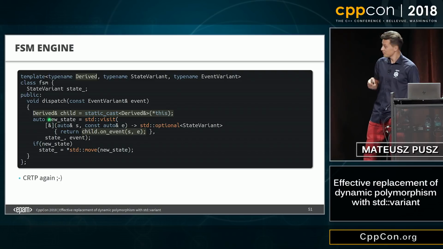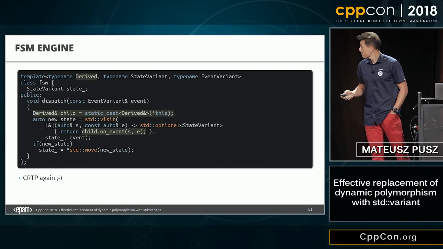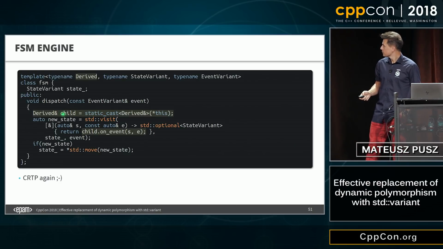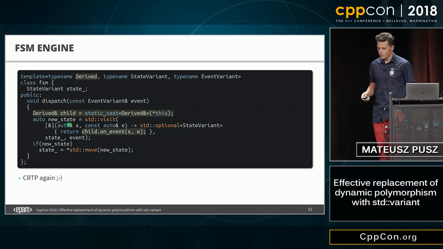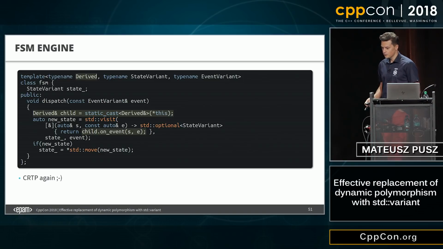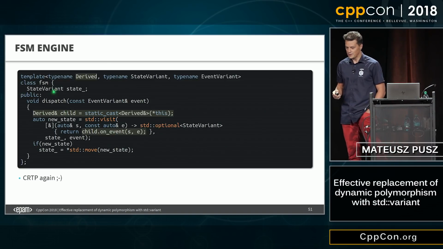As a first operation in that function, we will do a static cast to the derived type. And with visit, we'll provide a lambda function for every state and every event that will return us an optional of state. And we'll pass it to the OnEvent member function of a child class of the Finite State Machine.